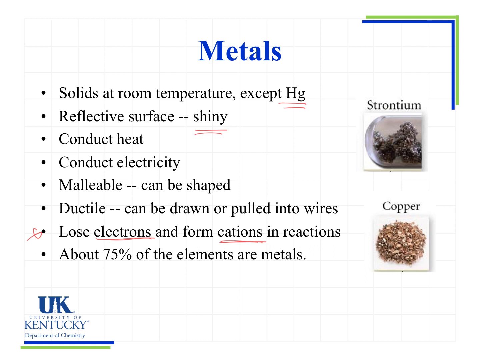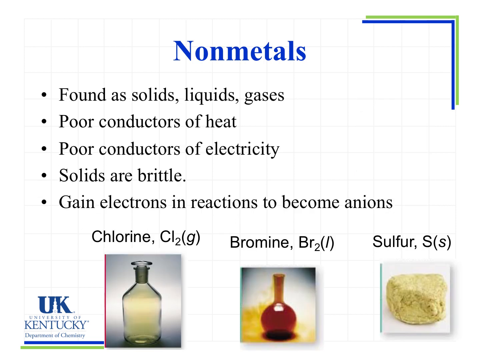And as we saw in the periodic table, 75% of the elements are metals. Non-metals are exactly opposite. First of all, you can find non-metals as solids, liquids, and gases. You can see in the example here, we have chlorine as gas, bromine as liquid, and sulfur as solid.